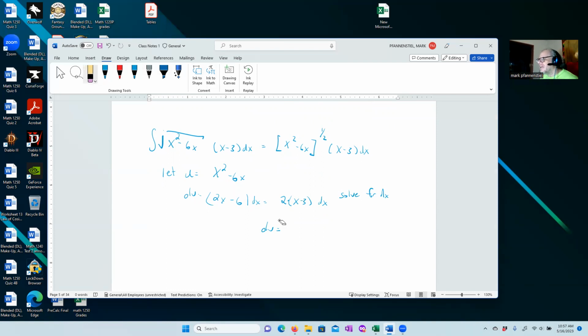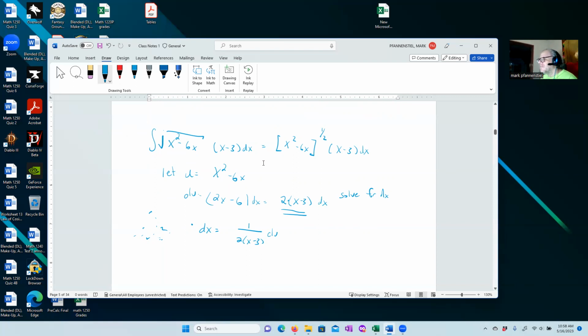So dx equals 1 over 2 times x minus 3, du. All I did was divide by this bit here.